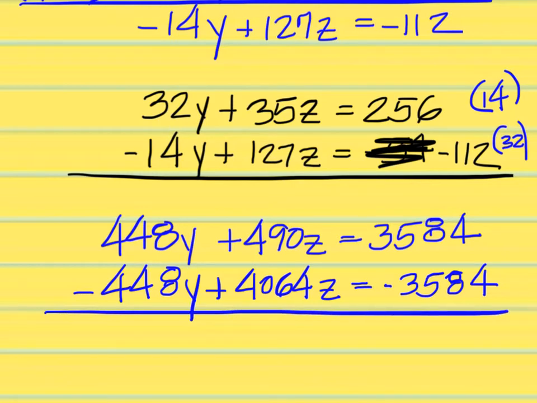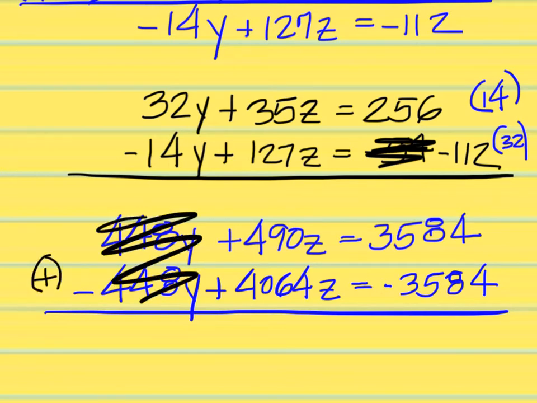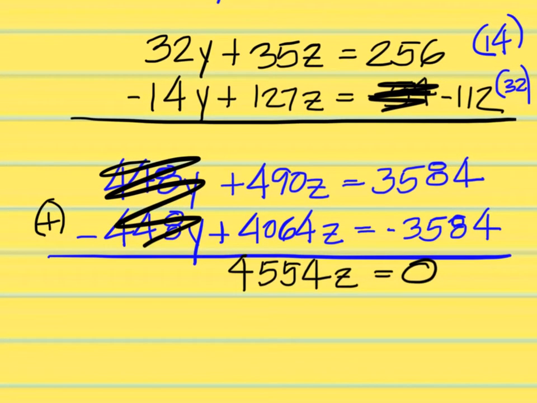Okay, so when we add these together, these cancel out, and you end up with 4,554z equals 0. Did anybody get z equals 0?